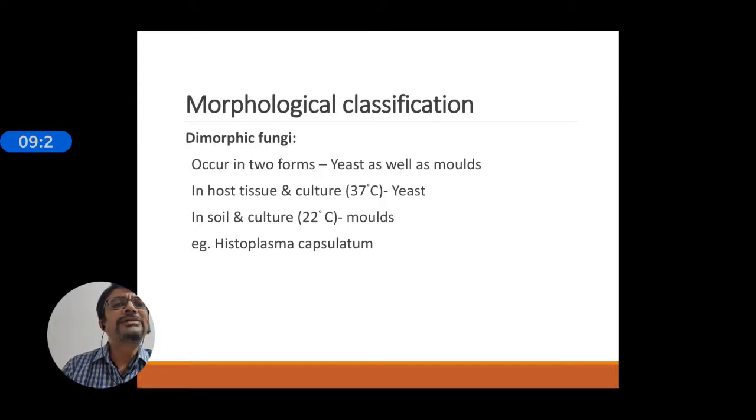When they are saprophytes in the soil, or if you grow them at around 22 degrees centigrade, they appear as a mold, or the filamentous fungi. That's why they are known as dimorphic, because they show both kinds of morphological features. Example is Histoplasma capsulatum.